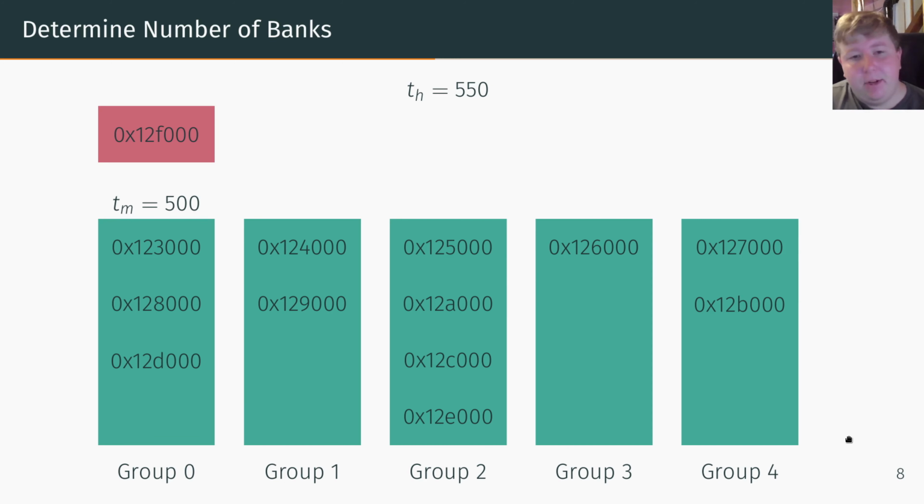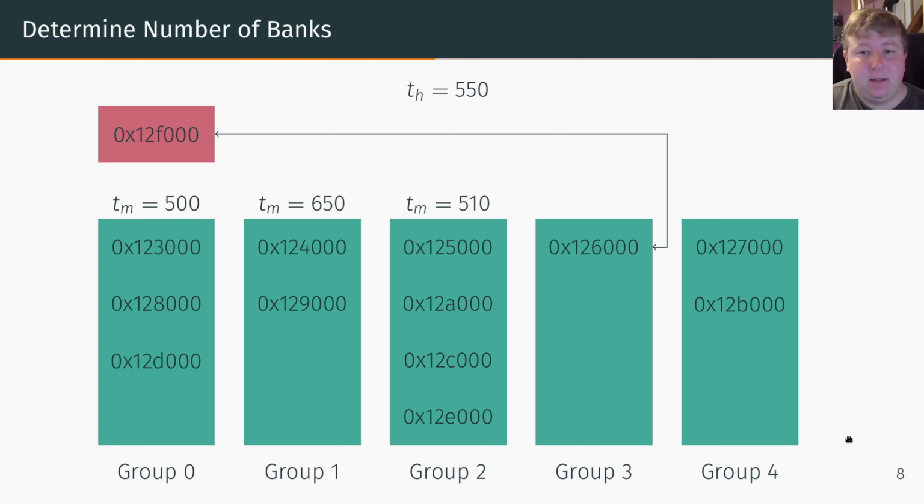Then in the next step, we repeat this for group 1, compare with the first address and the second address, and measure a median access time. We do the same for the addresses in group 2, get a median access time, and we repeat this for group 3 and group 4. As you can see right now, the access times on group 1 and group 4 are both bigger than the threshold.